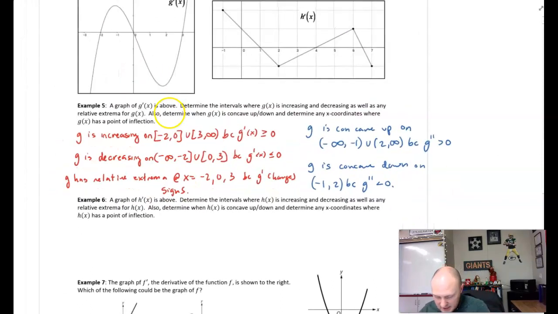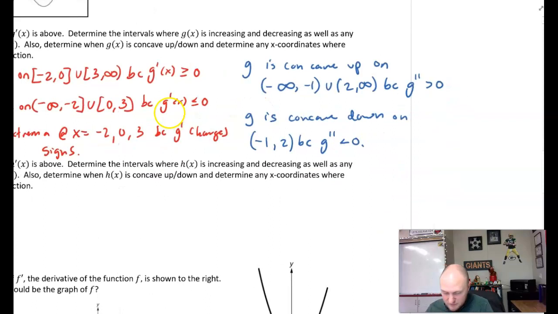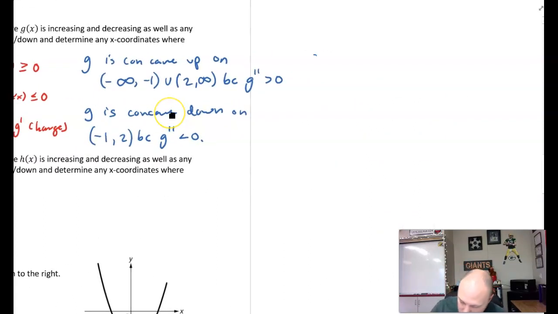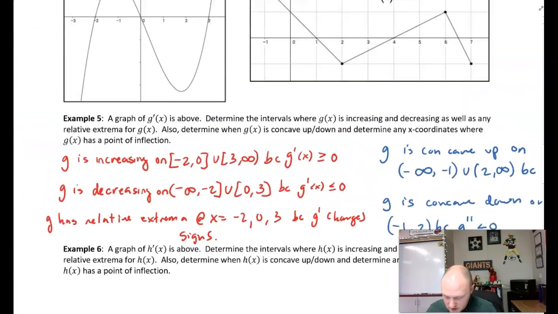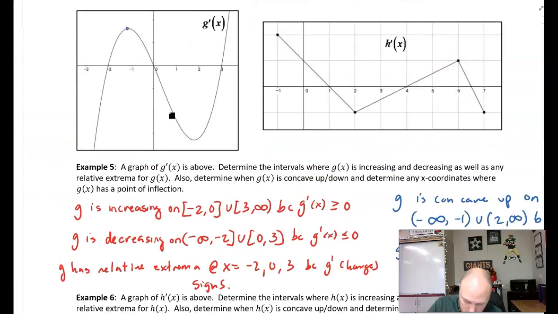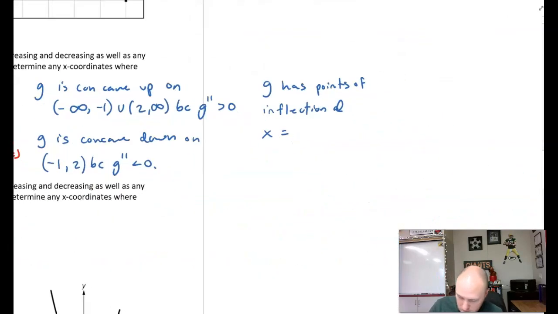And then, do we have any points of inflection? We can say g has points of inflection at x equals, where did we change? -1 and 2, because g double prime changes signs.